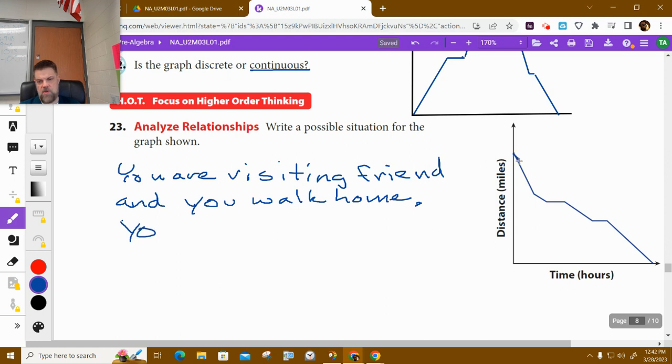So that's this. You're starting to walk home, and then right here at point A. So this is A. This is segment A. I'm going to put the A here. Then for B, you slow down a little.